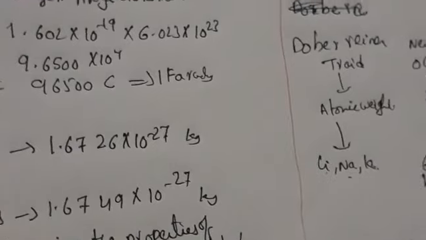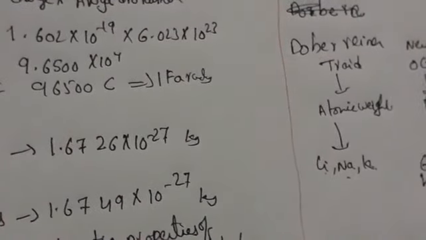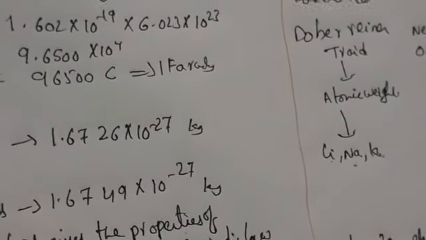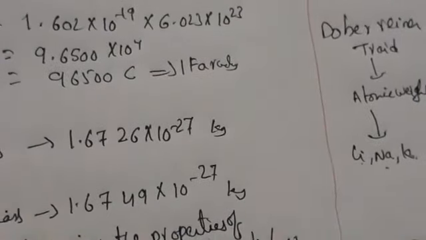Here we have the outermost configuration and atomic weights. Already you have studied in your previous class how to write the valence shell electronic configuration.